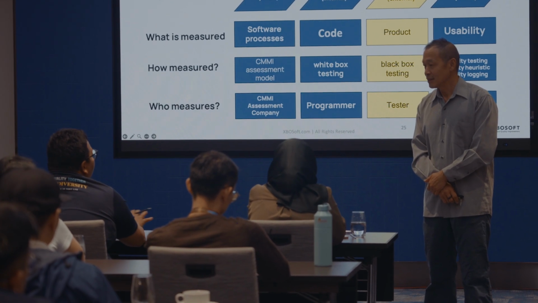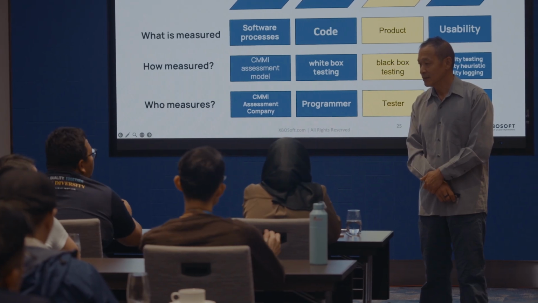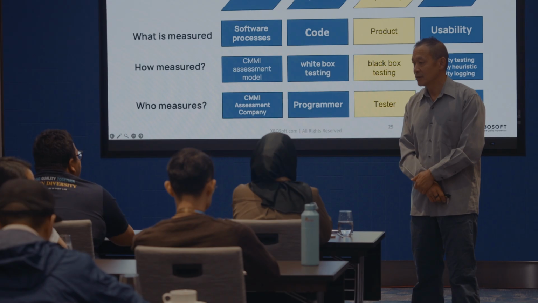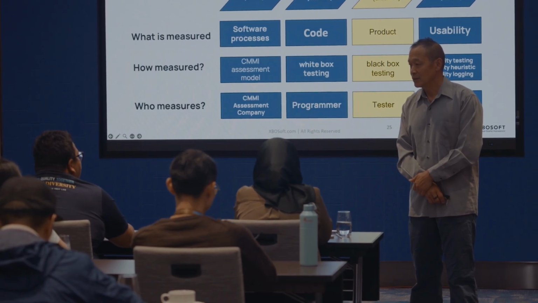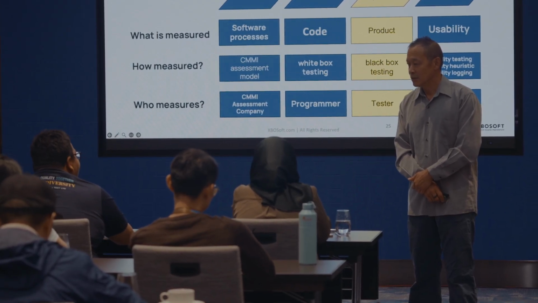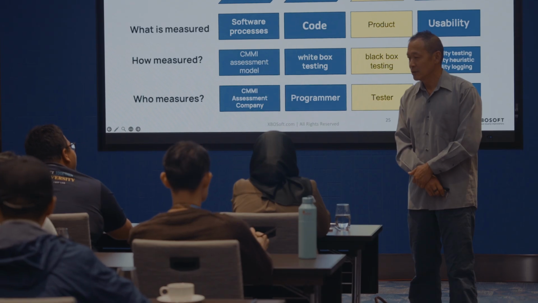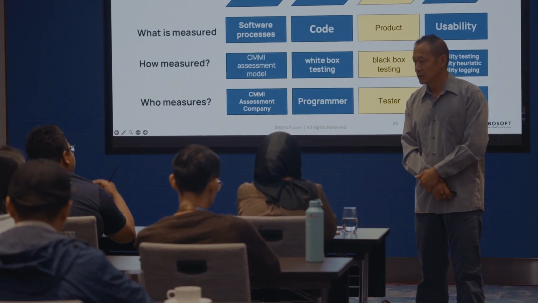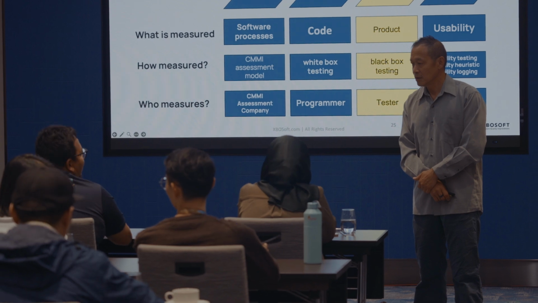So whatever we do, we stick to that process. The processes aim at 29119 part 1 to part 4. Whatever we do, that was based on that.